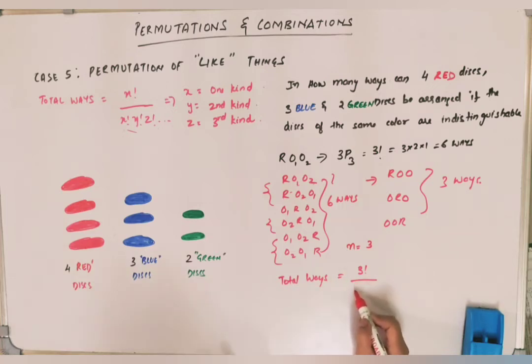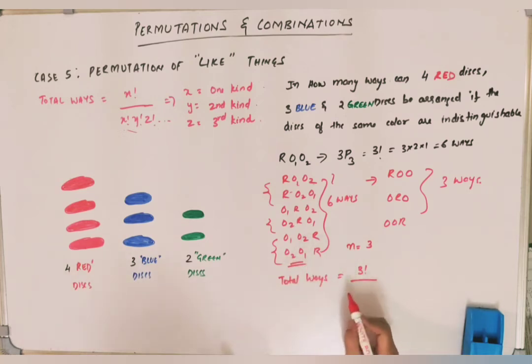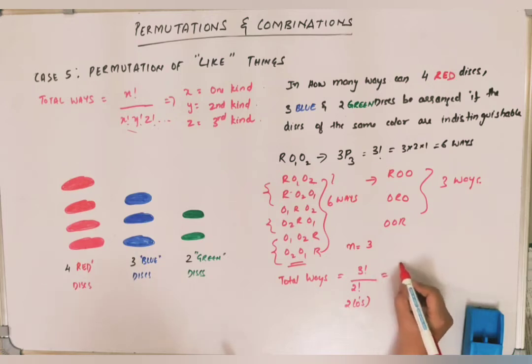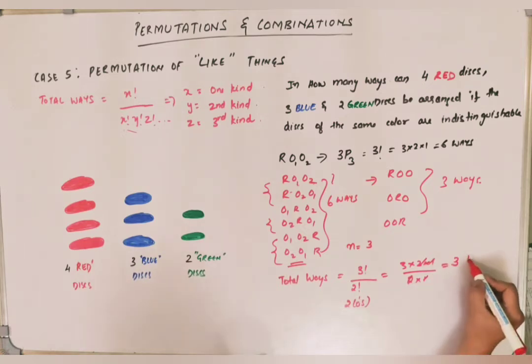Now what is x factorial here? It is nothing but the number of repeated letters. How many letters are repeated here? One letter is repeated how many times? 2 times. So there are 2 O's, right? That means it will be 2 factorial. So what will happen? 3 into 2 into 1 by 2 into 1. This will get cancelled and you'll get 3. So we got 3 ways.